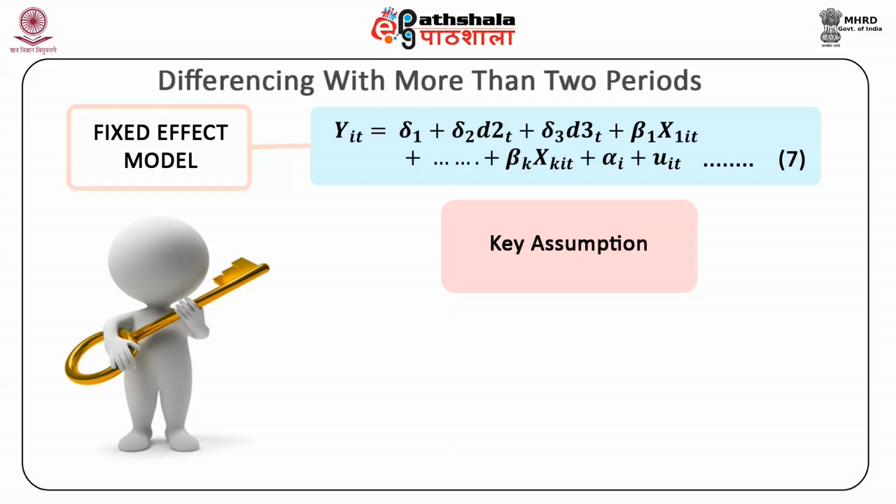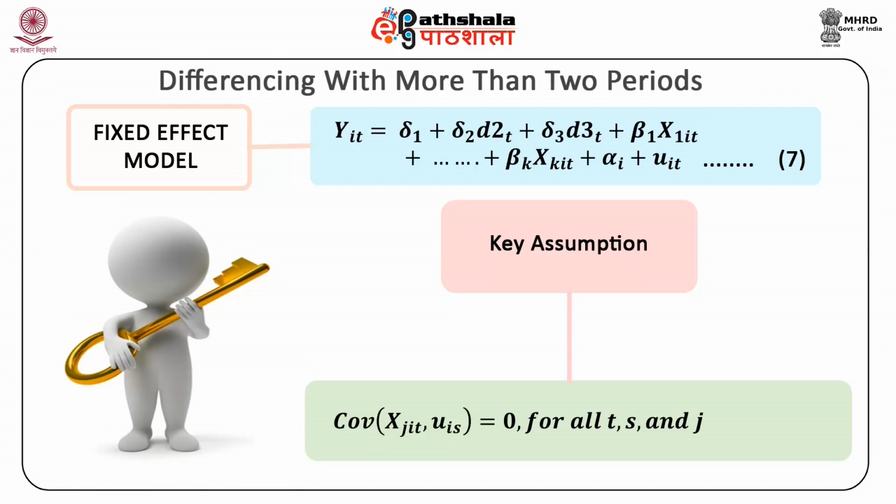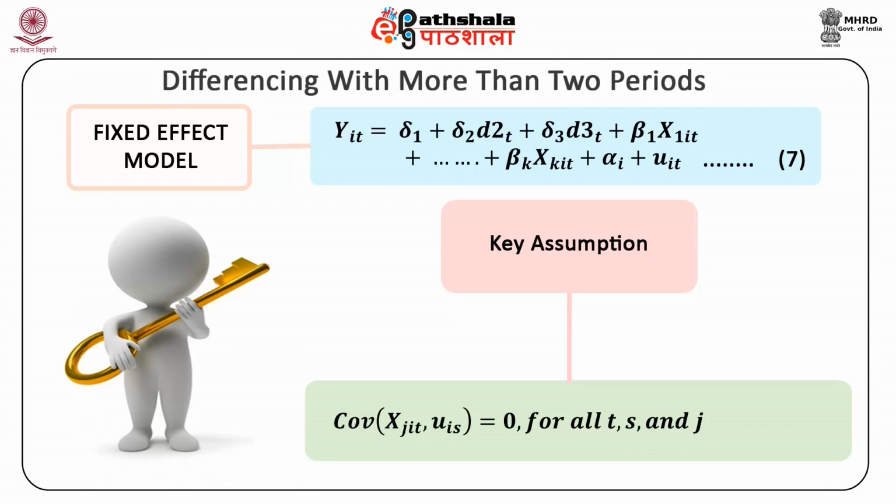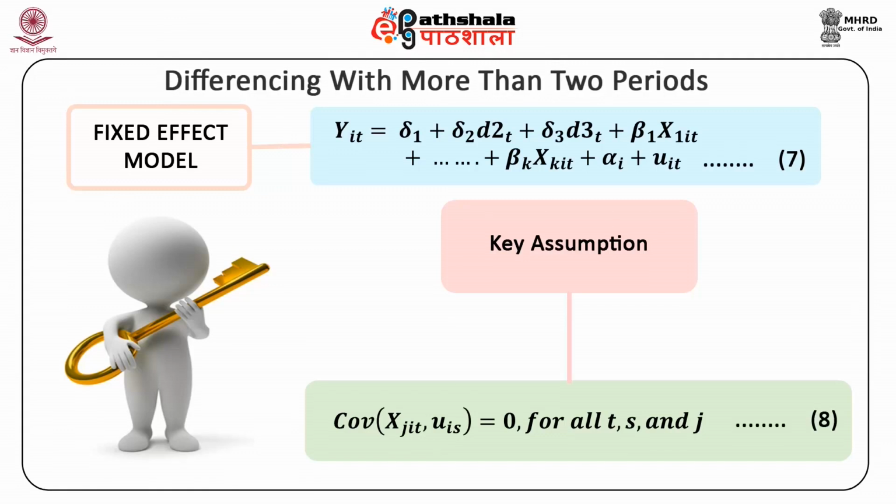In other words, covariance between x_jit and u_is is equal to 0 for all t, s and j. This is our equation 8. It means the explanatory variables are strictly exogenous after we take out the unobserved effect alpha i.